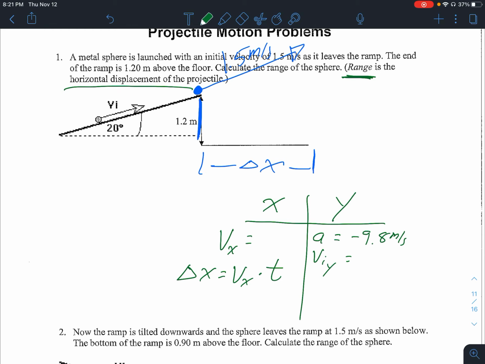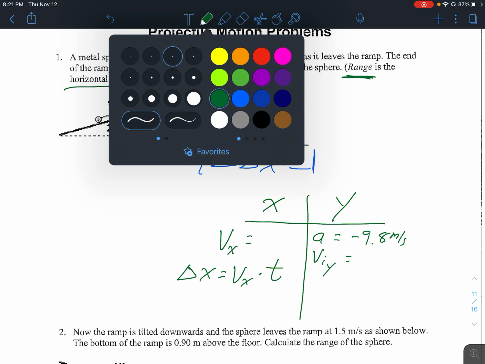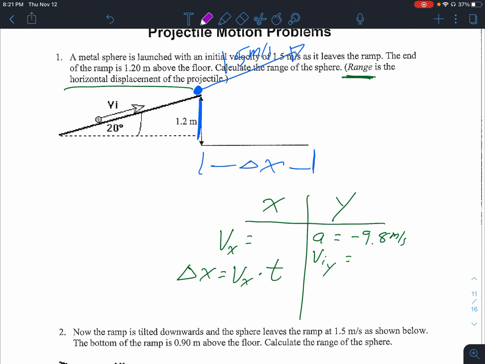So let's break off for a second. We have this 1.5 meters per second at an angle of 20 degrees. So this is where that vectors unit comes into play. At the moment that it's leaving the table or the ramp or the launcher, whatever the scenario is, it's going to have a horizontal component, which is going to be constant.